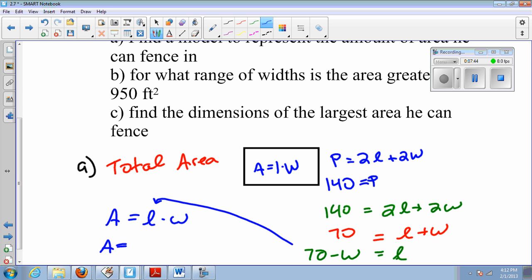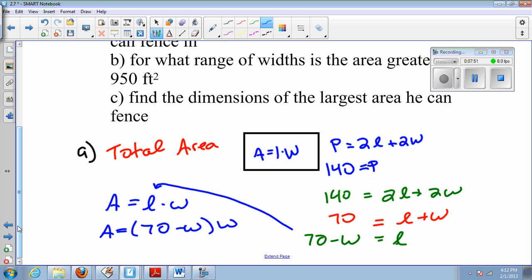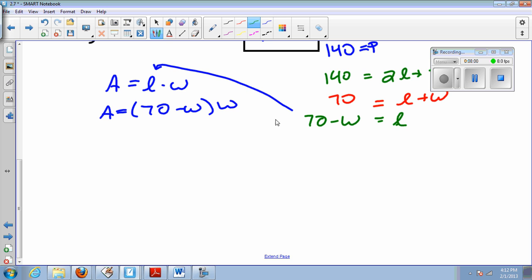Area equals 70 minus W times W. So all we need to do is distribute, and our area is modeled by the equation 70W minus W squared.